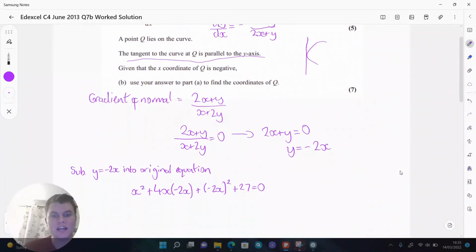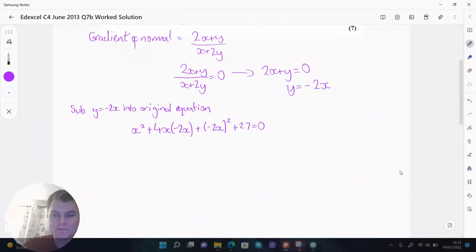Okay, so now it just takes a little bit of tidying that up. So we have x squared, minus 8x squared there. Be careful with this one, it is plus 4x squared there, because we're squaring it. Collect our like terms.